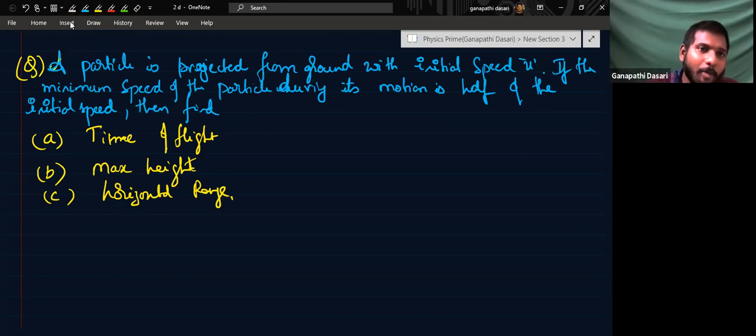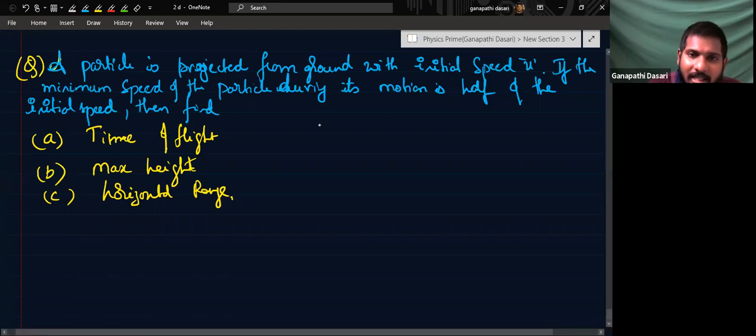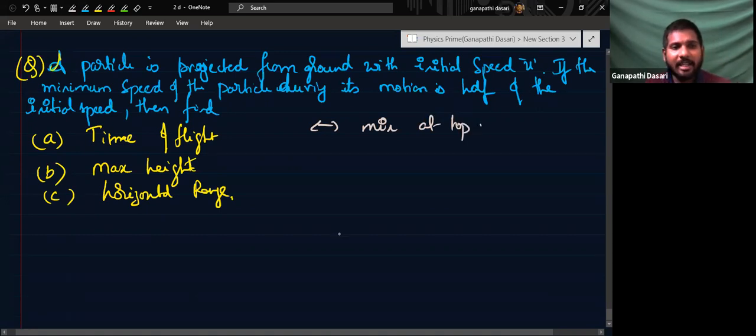The important point to consider is the minimum speed will occur at the topmost point. Because you gave kinetic energy, slowly it will decrease and convert into potential. At the maximum point, the potential is maximum, and after that the potential slowly gets converted into kinetic.